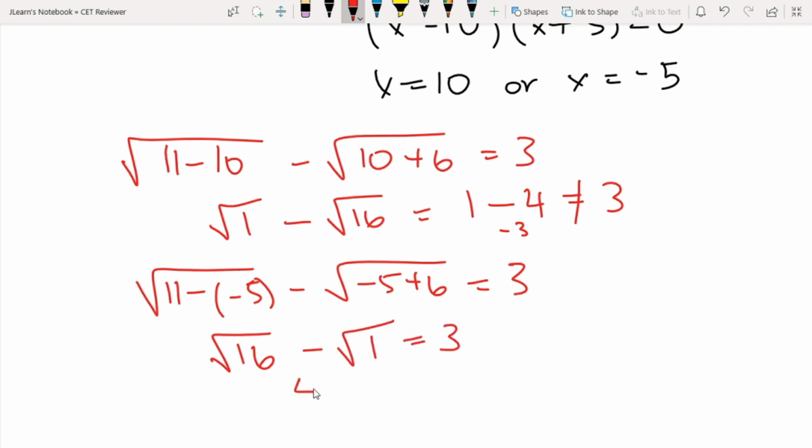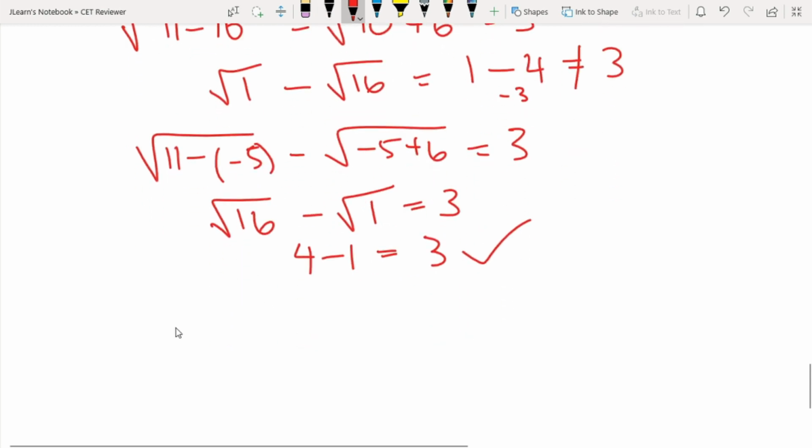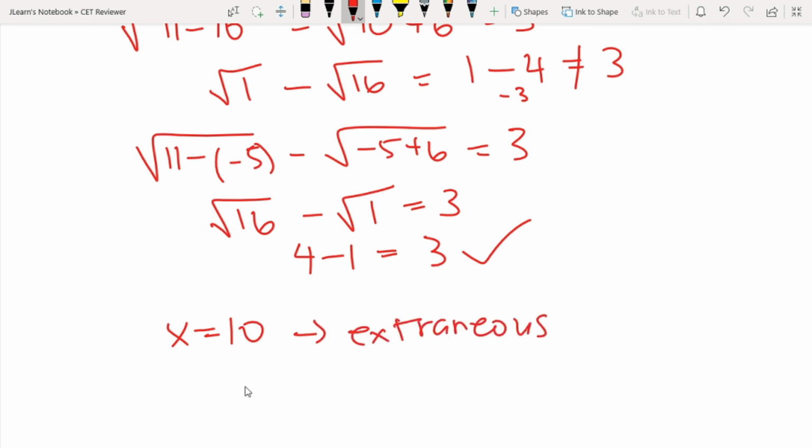And this will become 4 minus 1, which is equal to 3, which is correct. So meaning, yung talagang solution lang natin dito is x is equal to minus 5. Okay? So, x is equal to 10 is extraneous. And yung talagang solution lang natin is x is equal to negative 5.